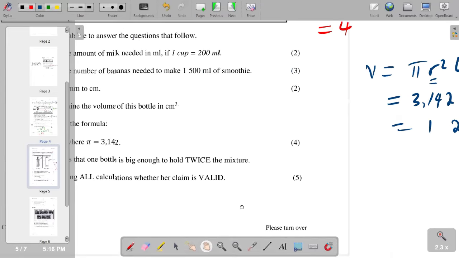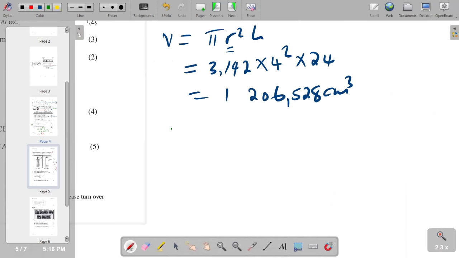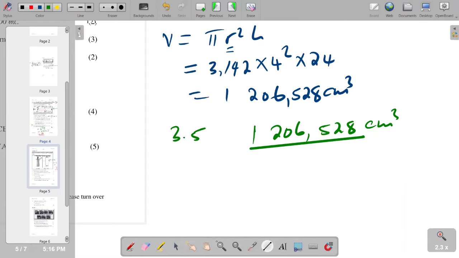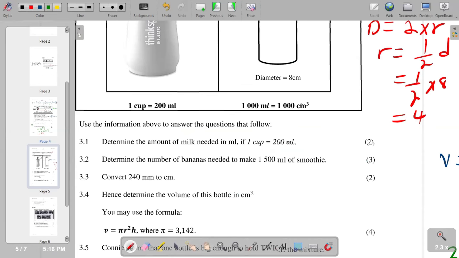Of course, this is our 3.5. So we are saying now 1,206.528 cubic centimeters. So in this case, we divide by 550. Remember, we have to first convert the 1,206.528 from cubic centimeters to milliliters, of which, if you come at this point, we are given 1,000 milliliters equal to 1,000 cubic centimeters.